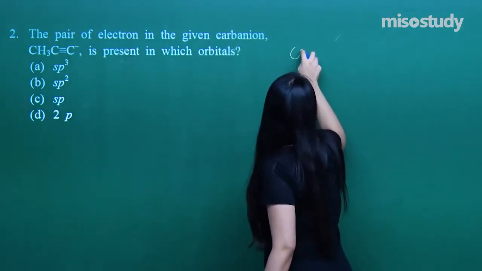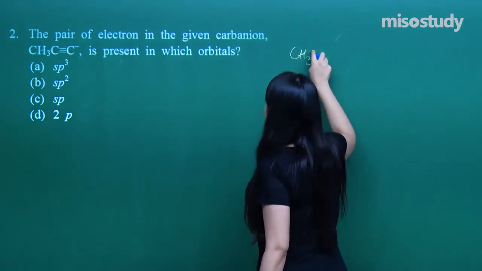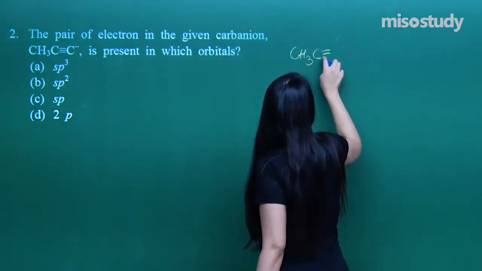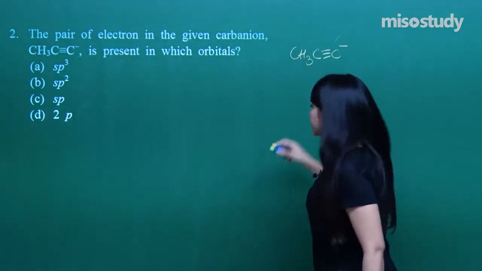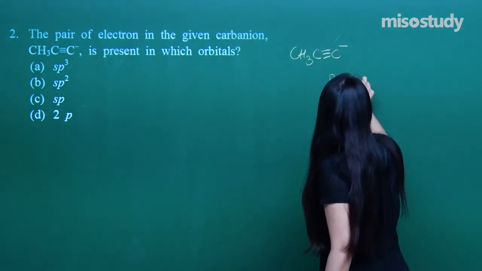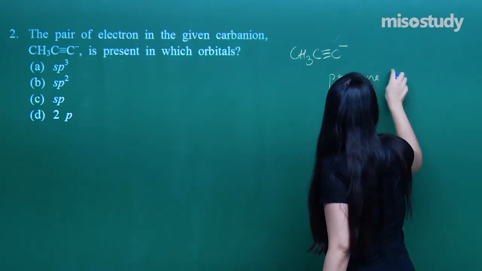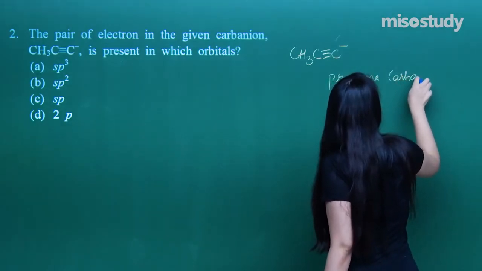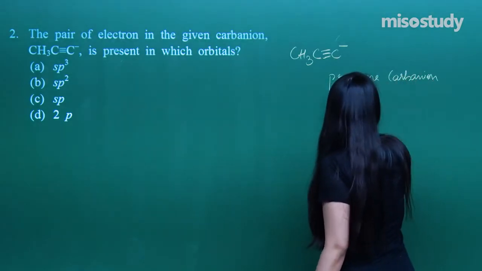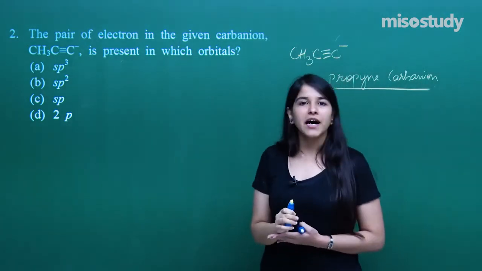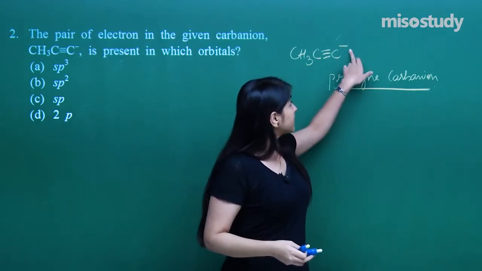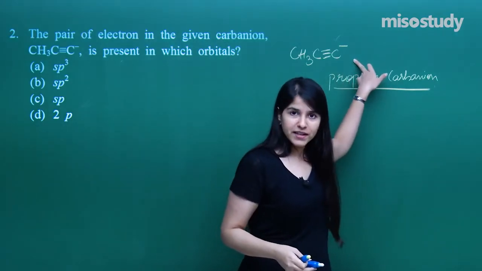So let us just draw the structure here. CH3C triple bond. So that is the propyne carbanion. If you see over here, we are very clear with the idea of where these electrons will be associated.